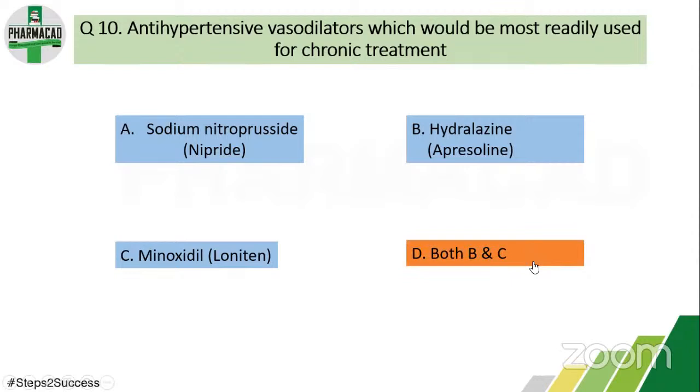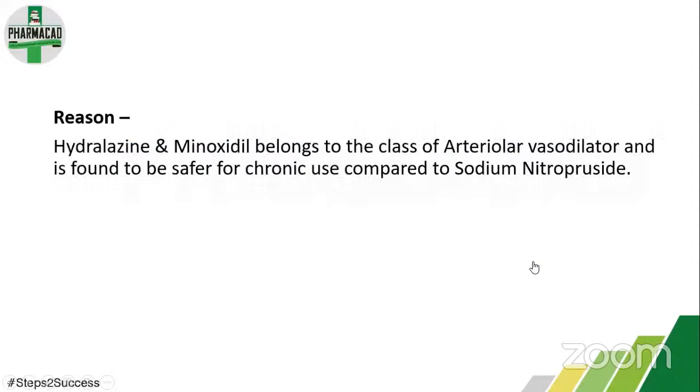Now, why B and C? B is hydralazine and C is minoxidil. And why not sodium nitroprusside? It is also a vasodilator. But if you see the actions of sodium nitroprusside, it is very quick in action.